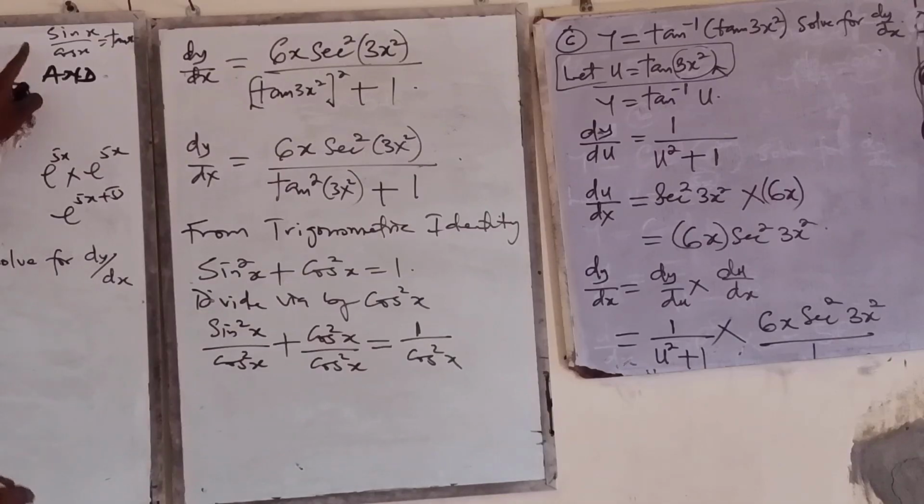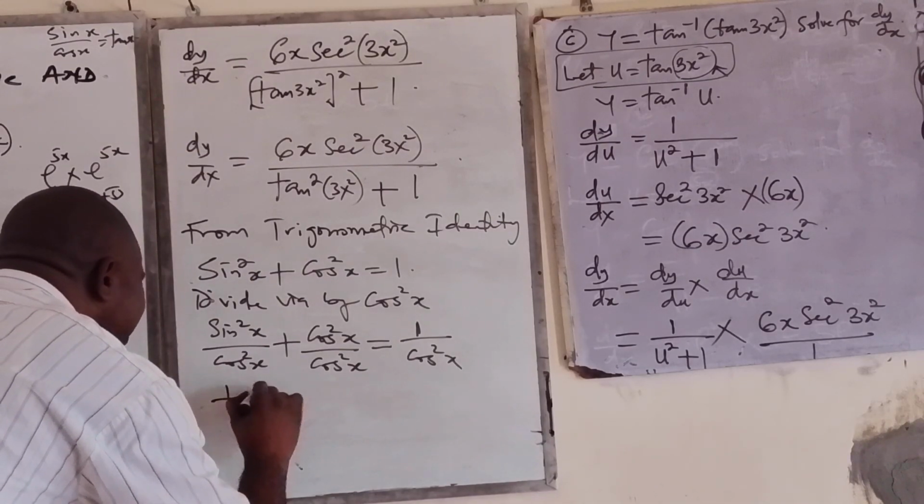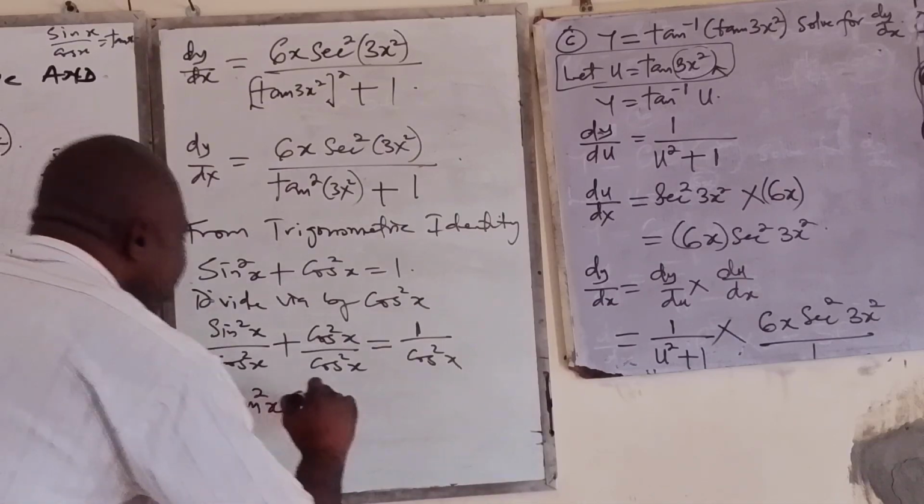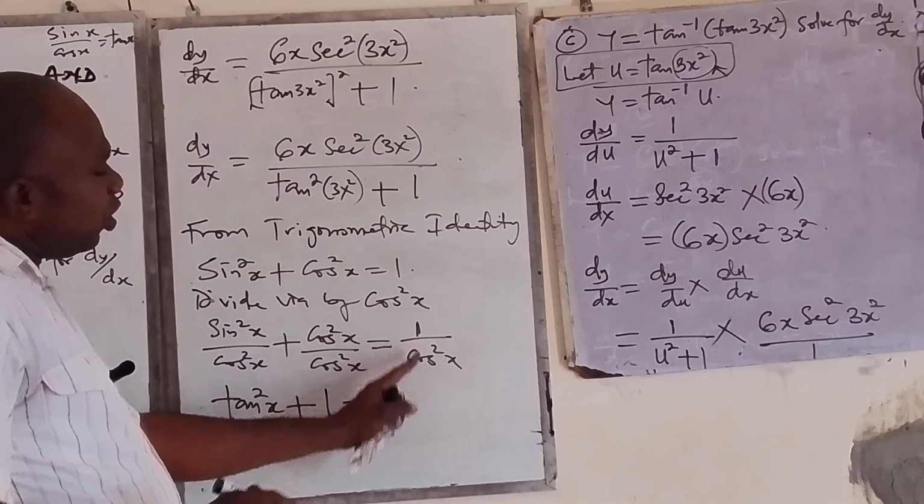So sine squared x over cos squared x is tan squared x, and cos squared x over cos squared x is 1. This is the same as 1 over cos squared x.